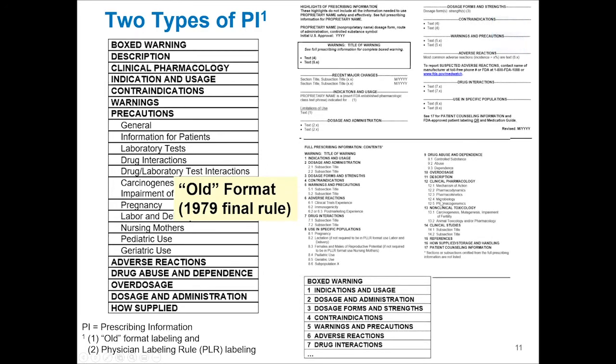The new format, which came out in 2006, is called the physician labeling rule format because it was geared to physicians and other healthcare practitioners. The PLR format has three different sections: the highlights, which is first, the table of contents, and the full prescribing information.